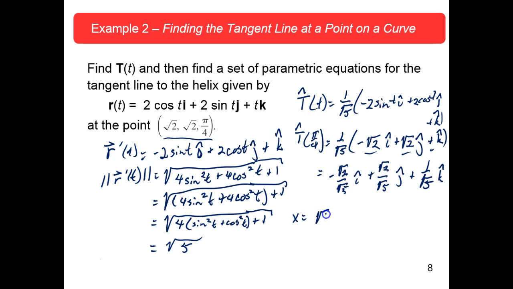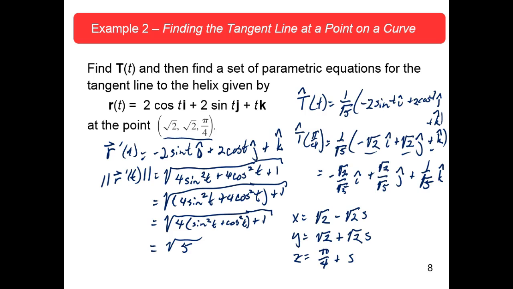So that would be root 2 plus, or minus, because that is a minus there, root 2 s. y is equal to root 2 plus root 2 s, and z is equal to pi fourths plus s.